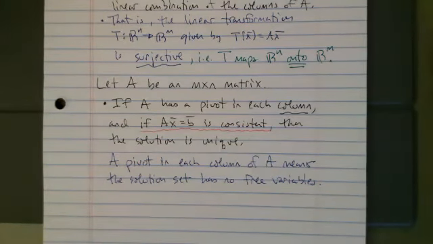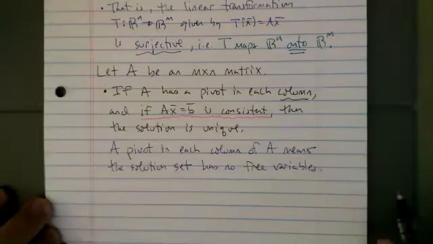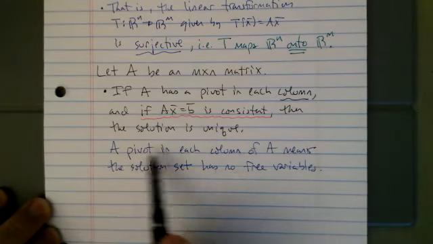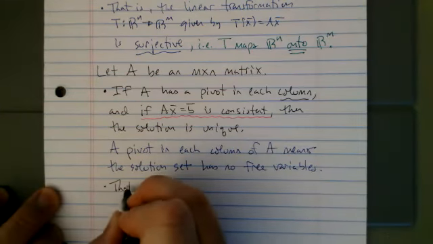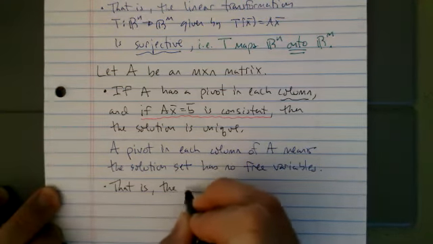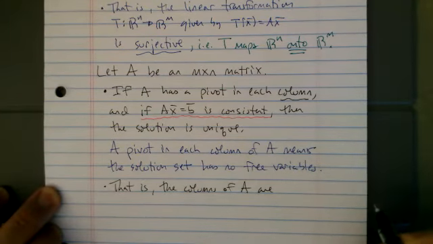So this is the language that we're using. We're looking at a pivot in each column of a coefficient matrix, and we're making a conclusion about an equation. We also can draw a conclusion about the columns of A. So if this consistent equation has unique solutions, because there are no free variables in the solution set, that means that the columns of A are linearly independent.